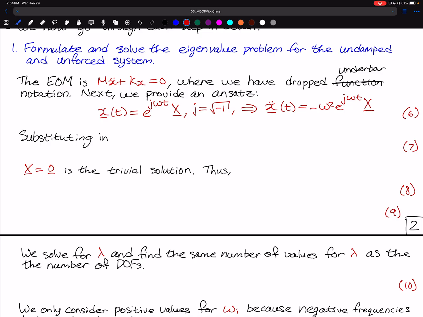We're going to go ahead and substitute our ansatz into our equation of motion, and then collecting like terms, we will get that minus omega squared big M plus this big K, all of that multiplied by this amplitude vector times e to the j omega t. All of that must be equal to a 0 vector.